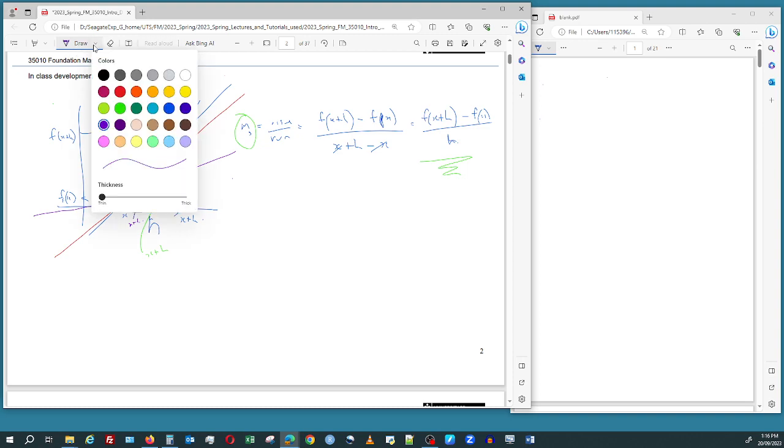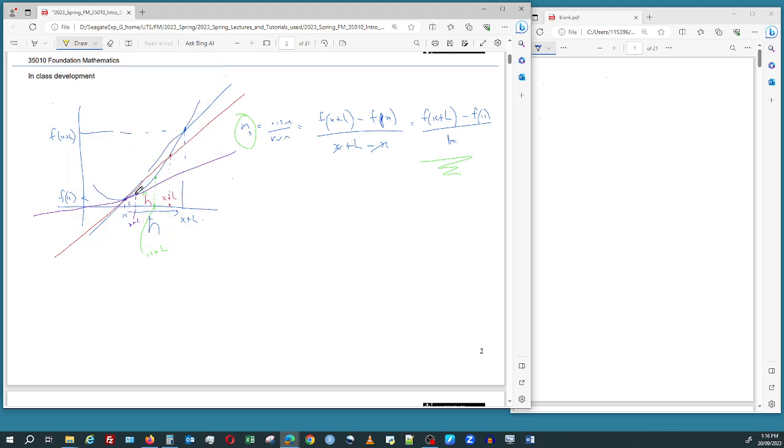All right, and in the final one, let's drop it all the way down here and put the orange one there. So the orange one is the tangent of the secant. And what's the distance? H has become 0.